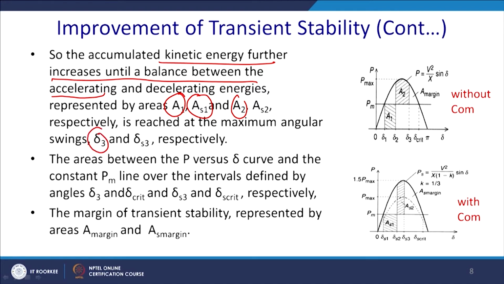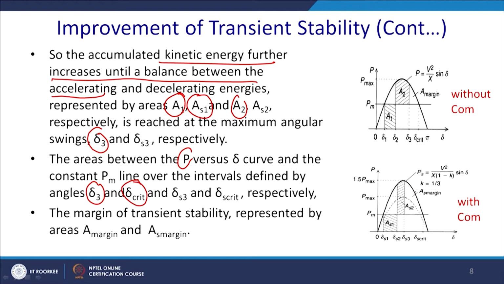And thus what happened? The areas between the P versus delta curve and the constant Pm line over the interval are defined by the angles delta 3 and delta critical, and delta S3 and delta S critical respectively.